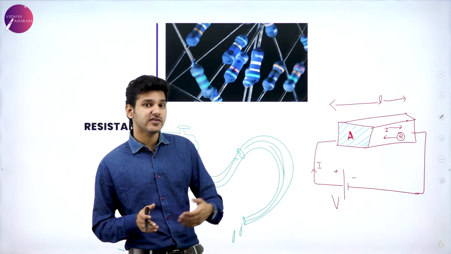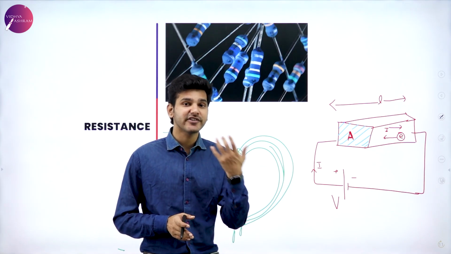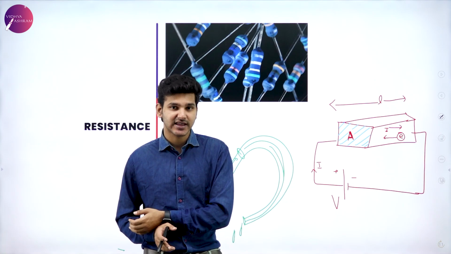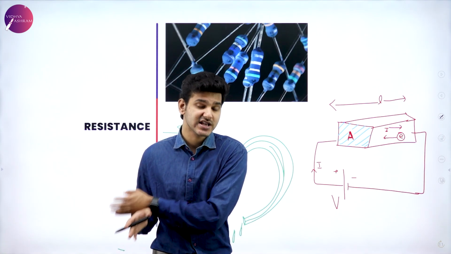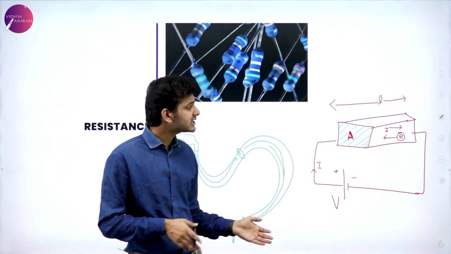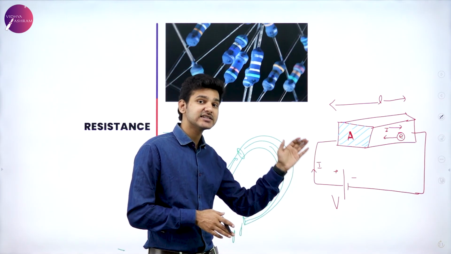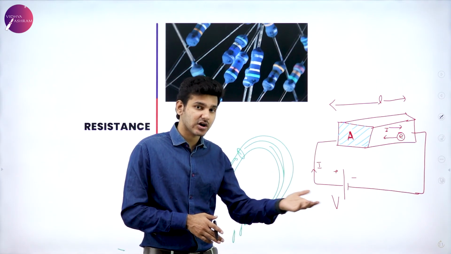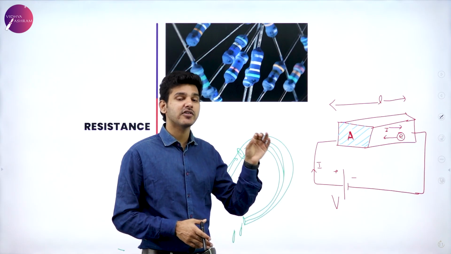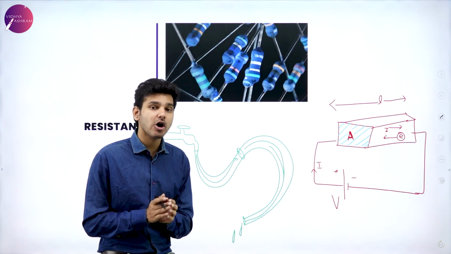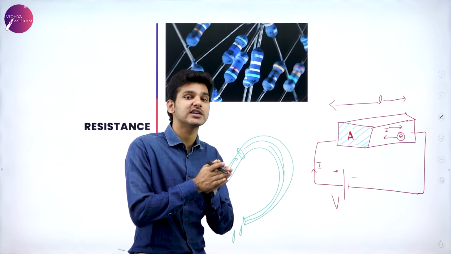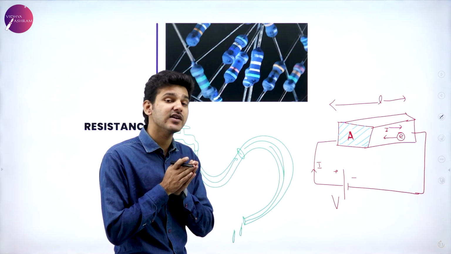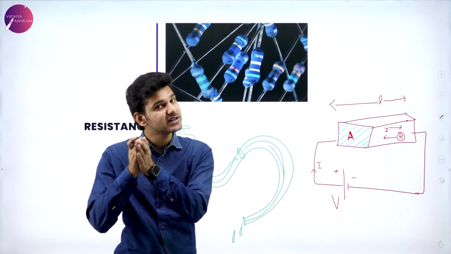For example, when we walk on a rough road, friction acts against us. That is, friction offers resistance to free motion. Just like that, in the case of flow of current, resistors offer resistance, or anything in the material of the substance we are using will offer a certain amount of resistance so that current cannot easily flow through it. And we are going to measure that resistance.